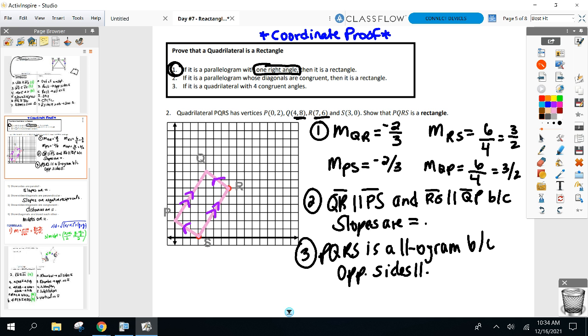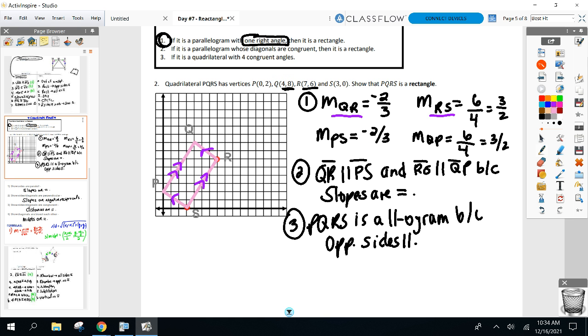All right, give me 2 sides that were negative reciprocals. QR and PS. QR and PS aren't the negative reciprocals. QR and RS, fine, I'll take those 2. You could have taken a bunch of combinations.